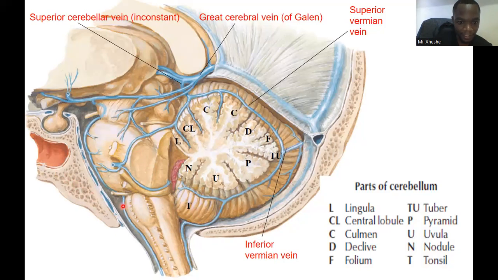Now that gap, this space there, is the foramen magnum. Above this opening is the medulla oblongata. Below this opening is the spinal cord. So this is the spinal cord ending here. From here going up is the medulla oblongata.